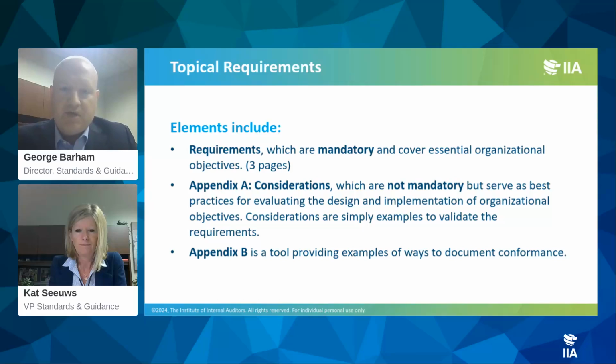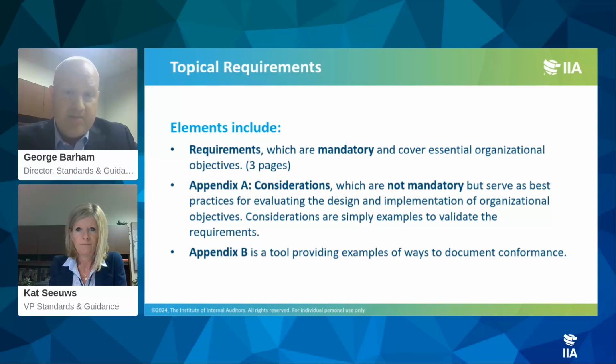If you think about the requirements being the what, the considerations, which aren't mandatory, that would be the how you would get to those requirements. So it provides examples. It's providing some guidance on how an internal auditor would look at those different requirements within that section.